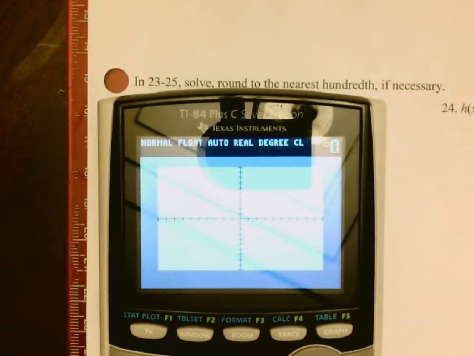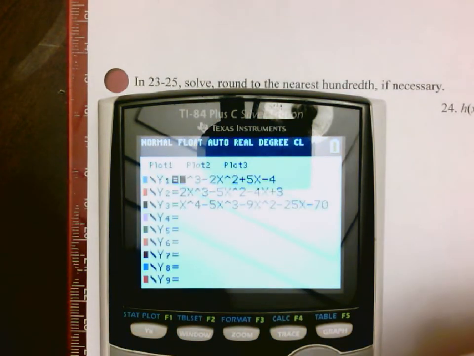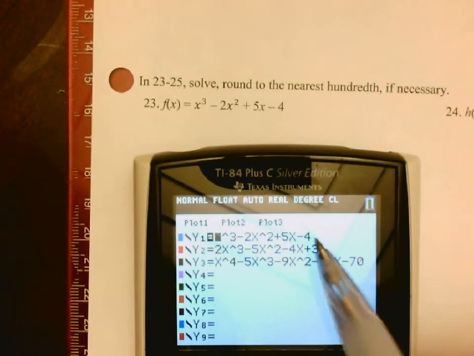So, graphing those out. I'm just running all 3 graphs at the same time. They are color coded, so there's the first one. Apparently I just turned on the first one. So we're good. That's the first one. So the first one is x cubed minus 2x squared plus 5x minus 4.